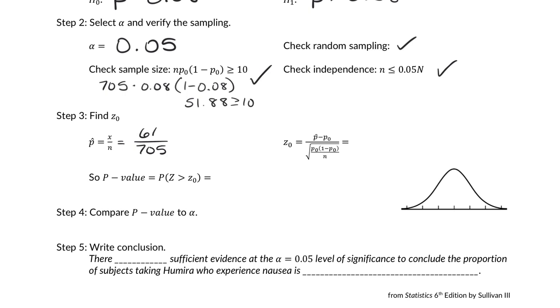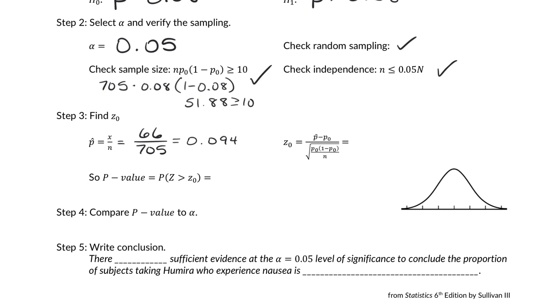So if I was calculating this, 66 out of 705 as a decimal. We'll just round that to 0.094. Okay, that's p hat. That is the proportion of our population we studied that had nausea.